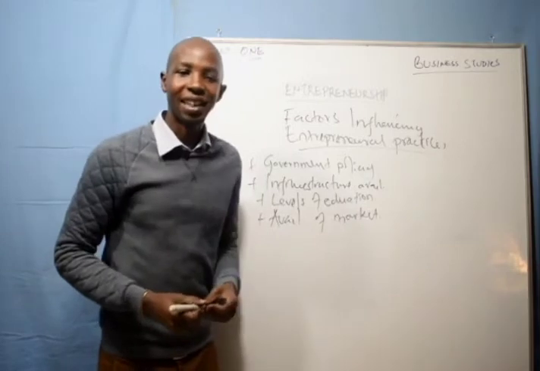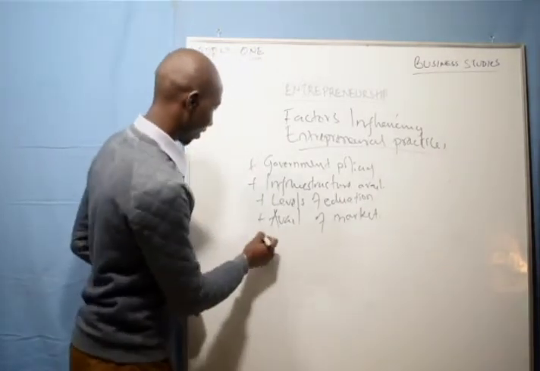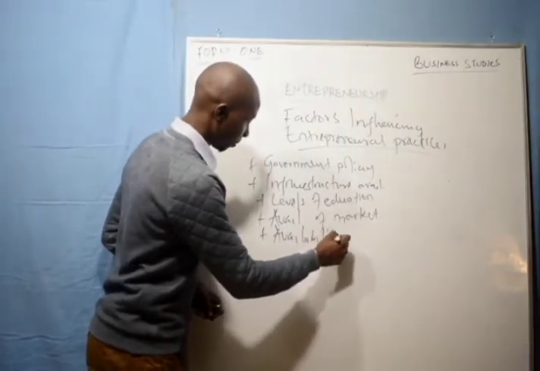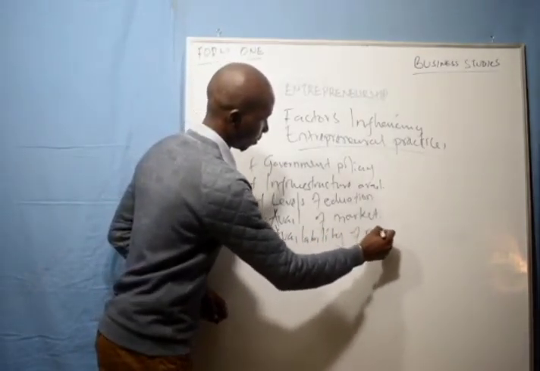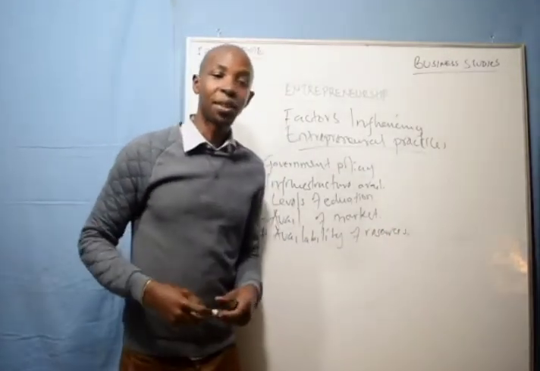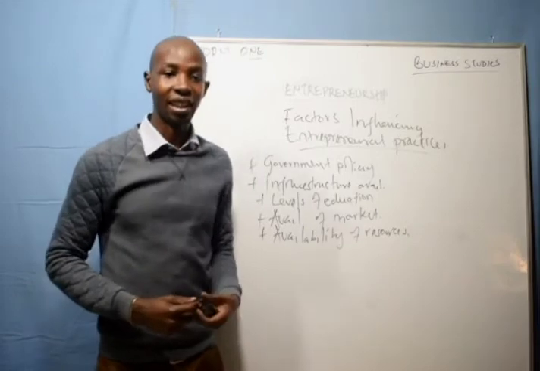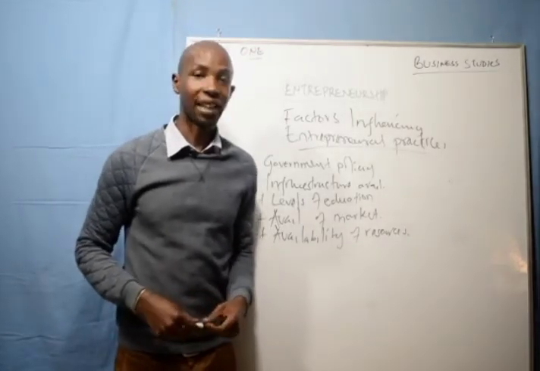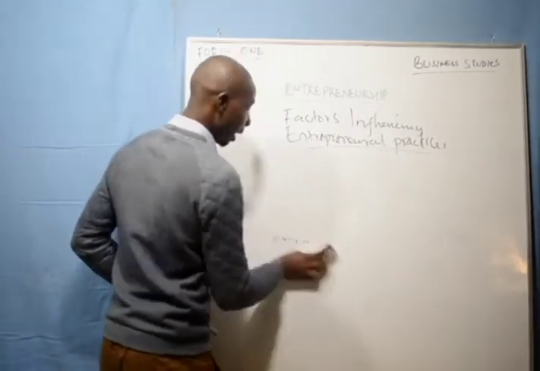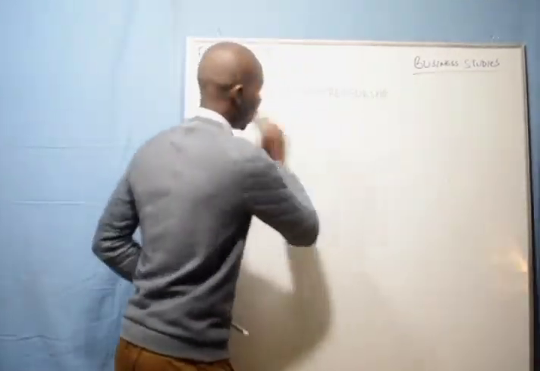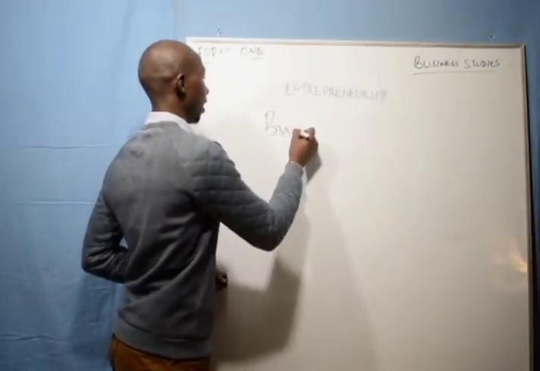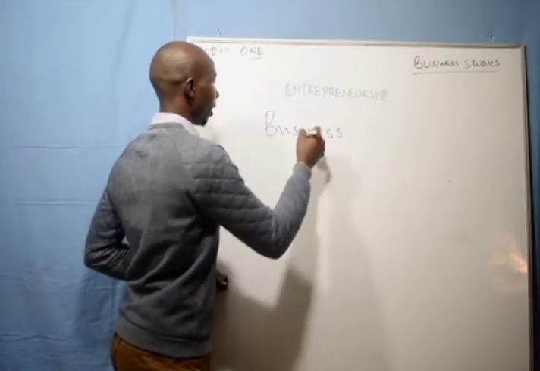And maybe lastly, availability of resources. Now, let me take you through some other thing else. That is causes of business success. Why do businesses succeed? The business succeeds when you have put a correct plan and everything is well.